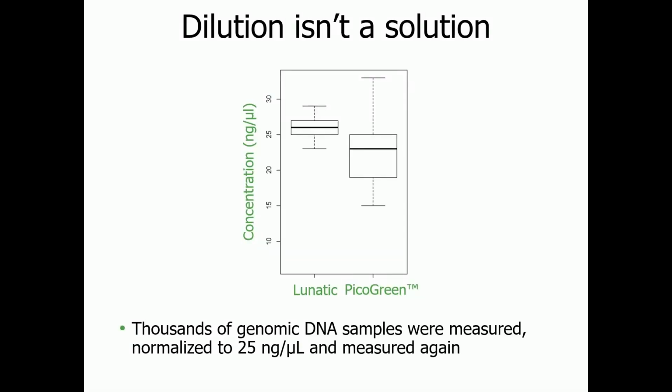You can see that there's much wider variation in the results with picogreen compared to the samples read on Lunatic. And this is due in part to the dilution that was required to read the initial concentration of the sample, introducing error into the workflow. Lunatic doesn't need dilution, so it has a lot less pipetting involved, hence fewer opportunities for error.